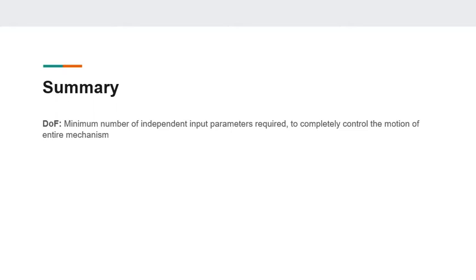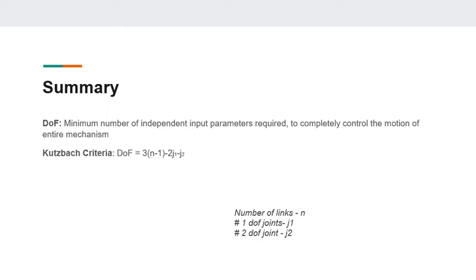So in this video, at first we have defined the degrees of freedom of a mechanism. Then we have derived a general condition for finding degrees of freedom of planar mechanisms. This is called the Kutzbach criterion.